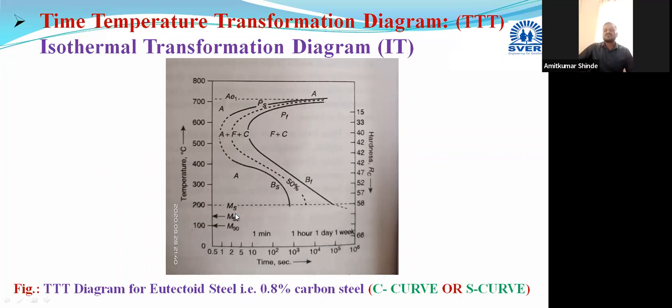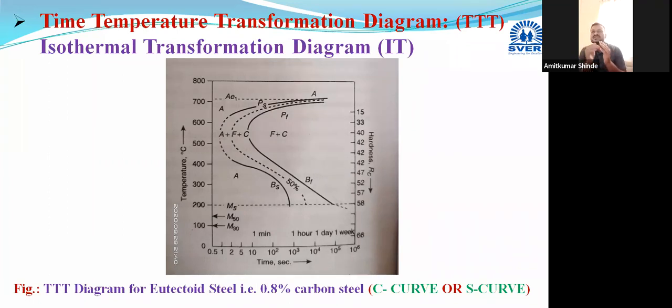Now, what is the purpose of this TTT diagram? Before deciding the purpose, first you should understand what information we are getting from this TTT diagram, and then only we can understand its use.